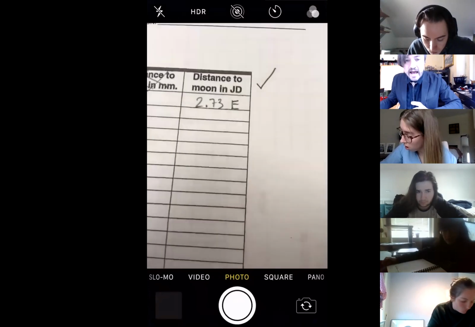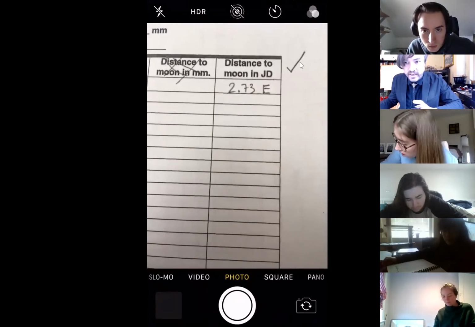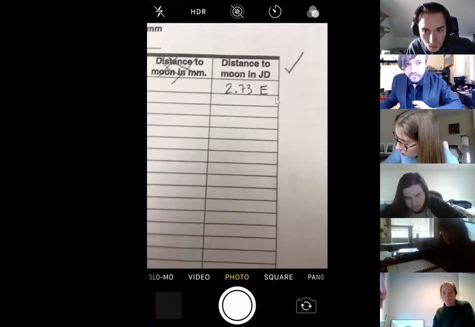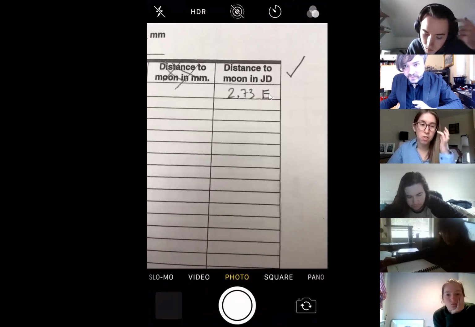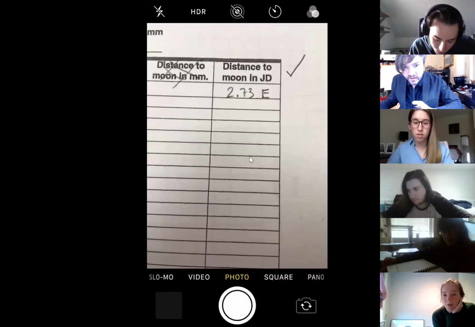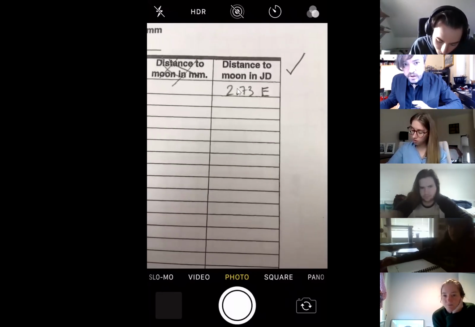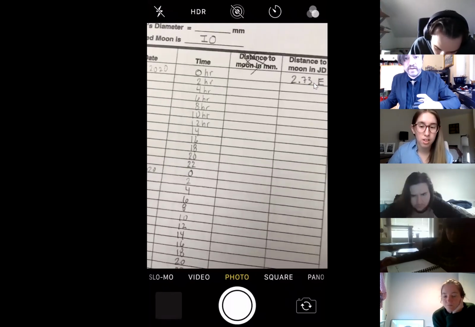Now class, I'm hoping I do not have to go back and forth each time, or it's going to get hellishly tedious and confusing. Do you see where I've recorded this first measurement, 2.73 east? As I go through the next readings, you're going to continue to take the measurements here, recording the position, east or west, with each time moment. Are you guys cool on what's going on?